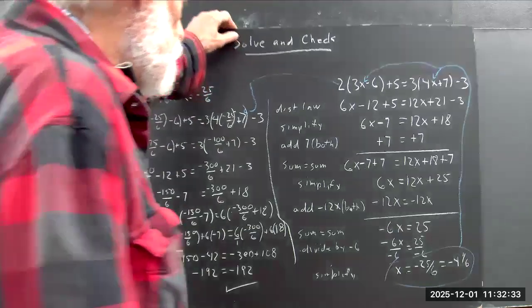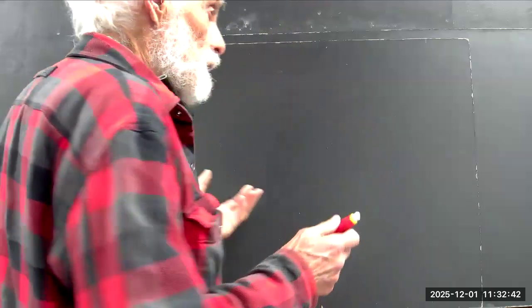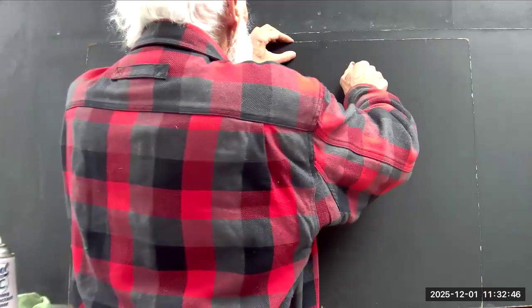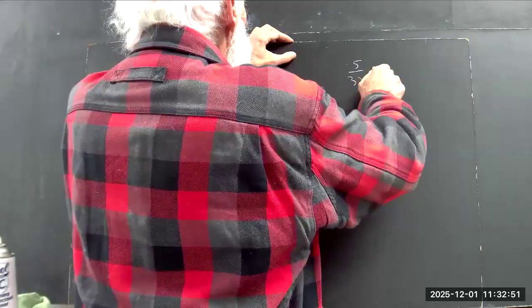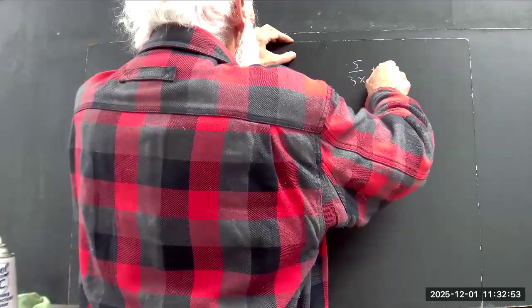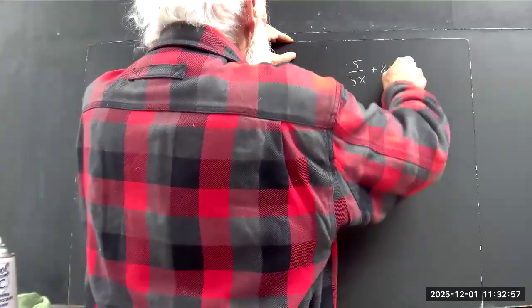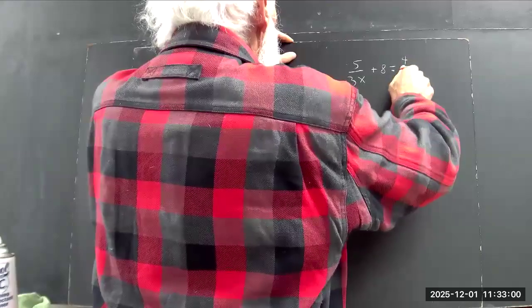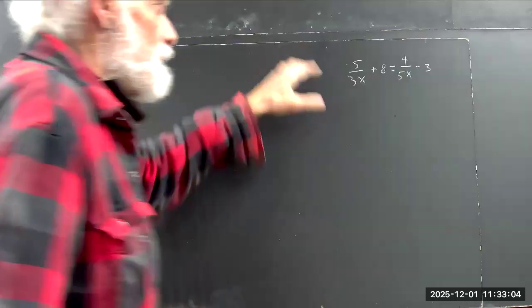Okay, well, let's look at an example. We have denominators in equations. Sticking for now with linear equations, let's say we have 5 over 3x plus 8 equals 4 over 5x minus 3.